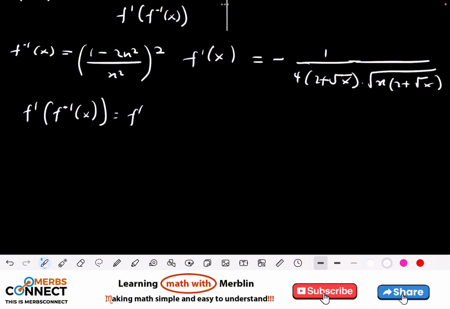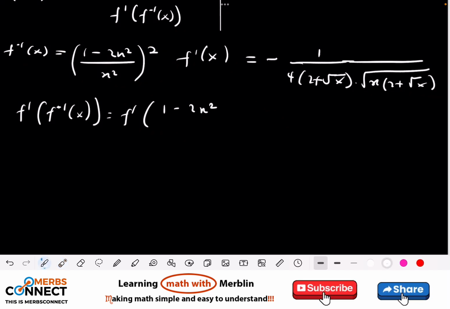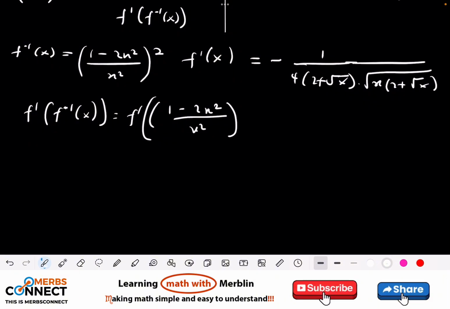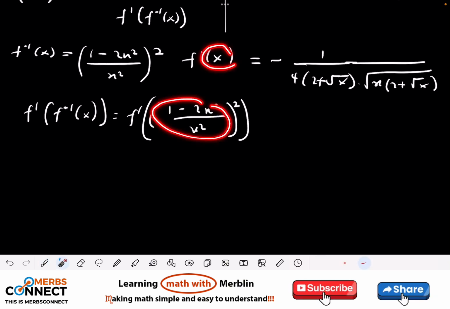So f prime, what is f inverse? So f inverse, we had this, so we are going to put it inside here, 1 minus 2x squared divided by x squared all squared. Good. So now we are going to plug this inside f prime.